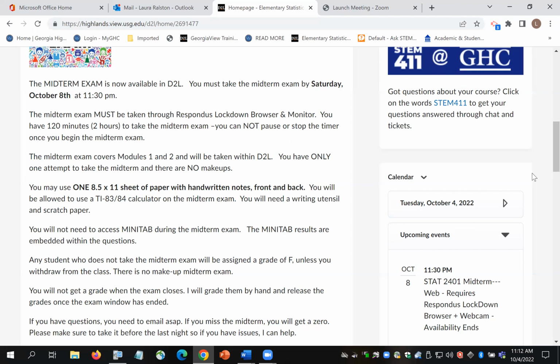You can also have a writing utensil and scratch paper, because you may have to write data or information down on a sheet of paper and do the calculations. Okay, you will not be accessing Minitab during the midterm. If you need Minitab results, they are pasted into the test question.